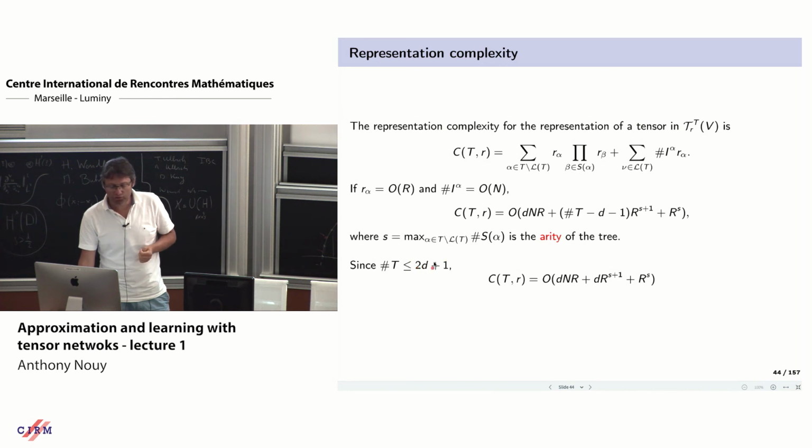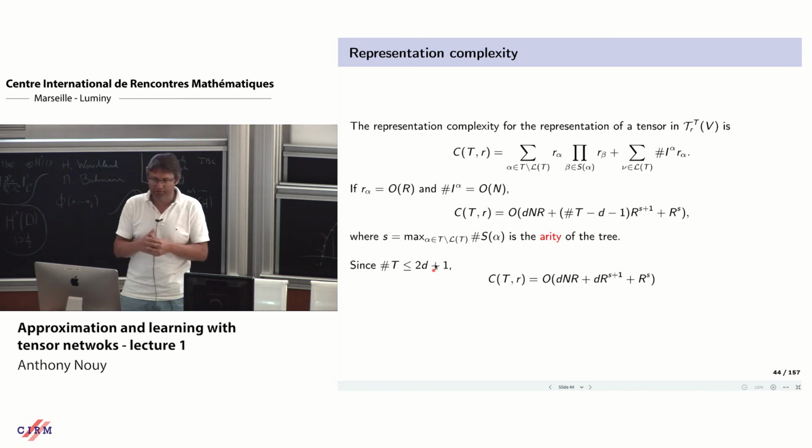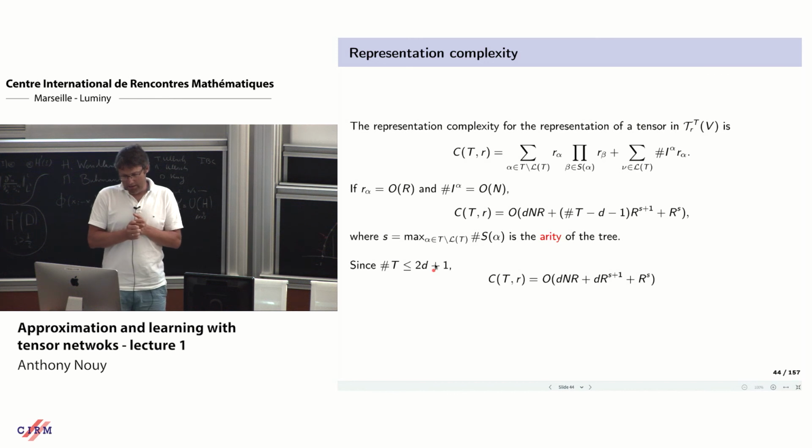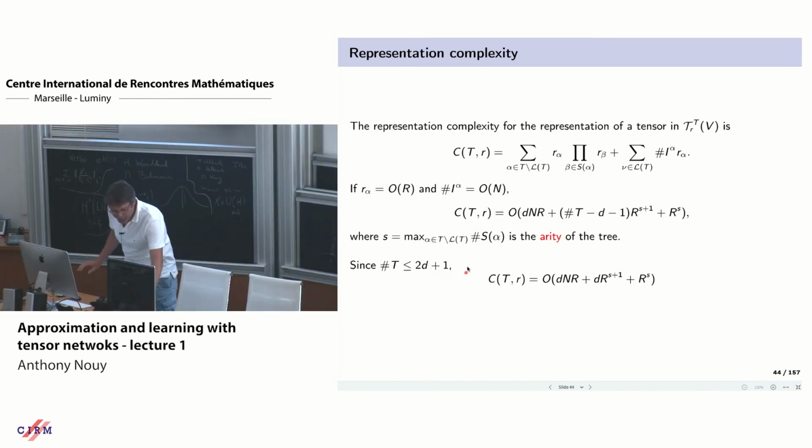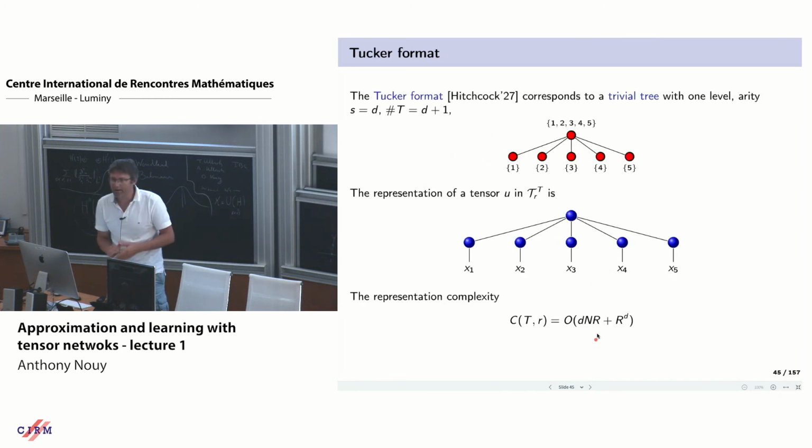The number of nodes equal to 2D plus 1 corresponds to binary trees. So we will see later different examples of binary trees. But you can also have a very simple tree, a trivial tree that I show you now.